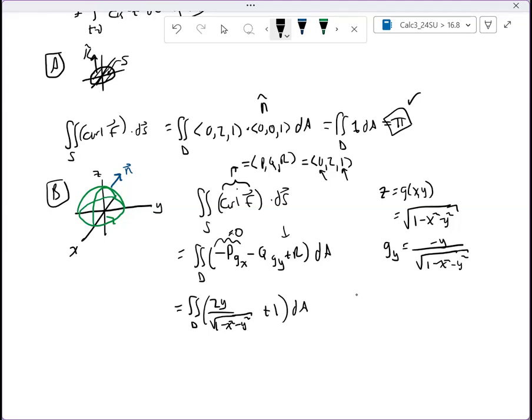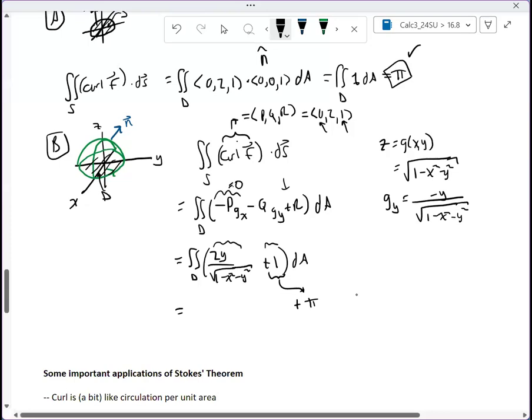I see that this is the integral of the sum of two integrands, and the second one just contributes the double integral of D dA, just the area of this region. The area of the circle of radius 1 is pi. So we get a plus pi coming from that plus 1 here.